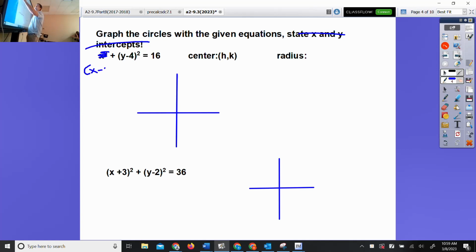So this can be thought of as (x minus 0) squared. Some kids need to see that, some kids don't. I'm just going to line that up perfectly with (x minus h) squared plus (y minus k) squared equals r squared, because that form is just a lineup process. If you line up with the form, you can figure everything out. So if you line up with your form, what are h and k?